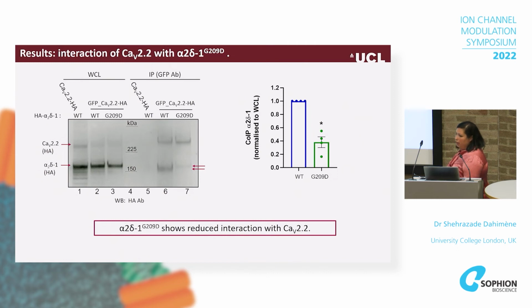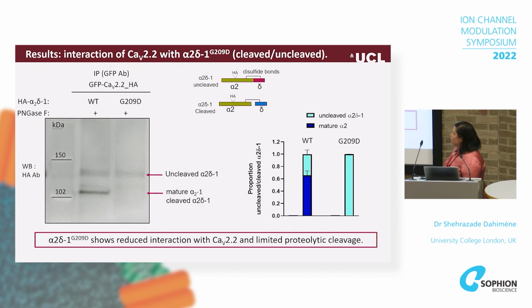There was a shift in the apparent molecular weight between the wild type and the mutant. So we were wondering whether it was due to a differential cleavage. As I mentioned in the introduction, alpha-2 delta-1 is cleaved into alpha-2 and delta peptides.